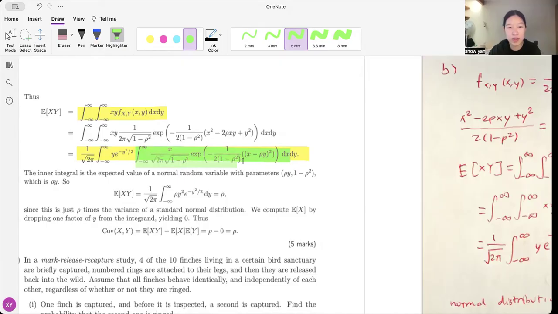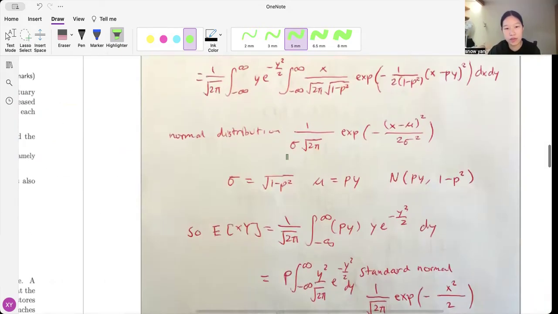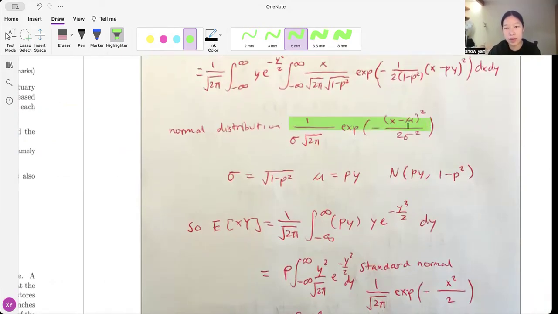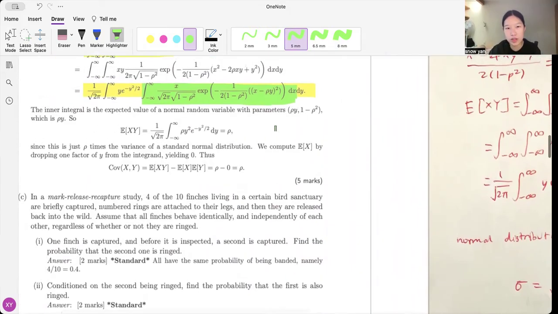How we're going to evaluate this integral is that this is awfully familiar to the normal distribution. We can remind ourselves that the normal distribution looks like this, in this format of 1 divided by square root of 2 pi sigma squared, times the exponent of this thing over here. So essentially we can just match it.